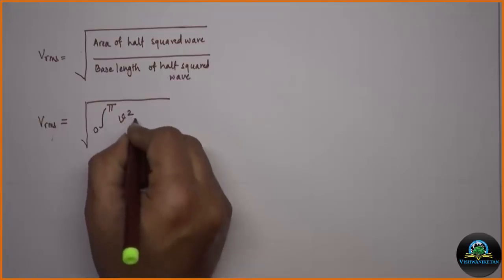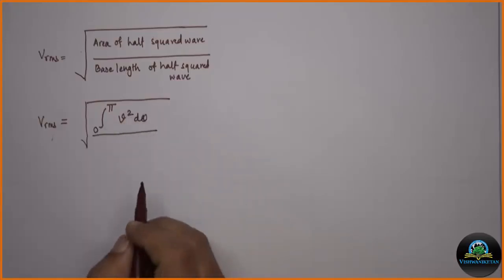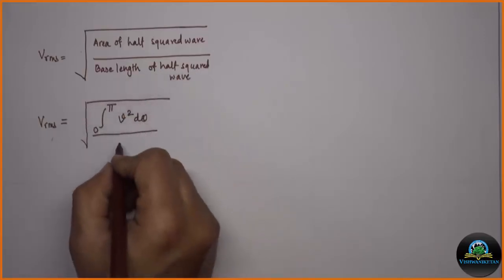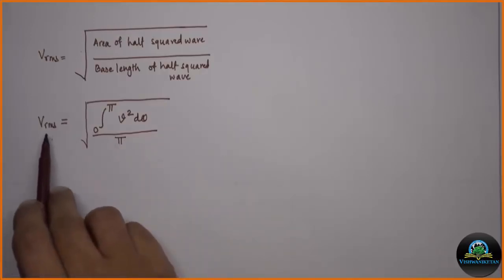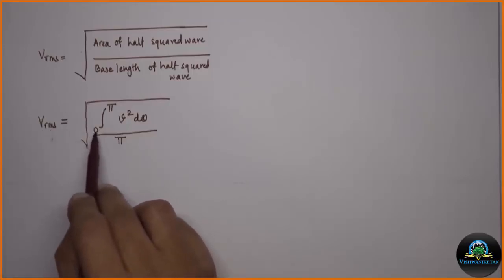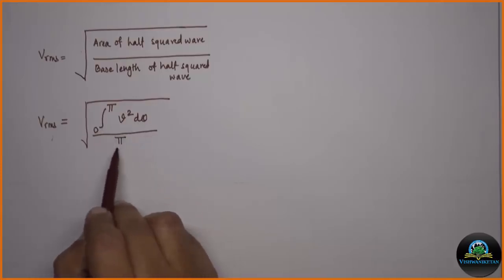The squared wave is V square and integration with respect to d theta. The base length of half squared wave, that is interval of half cycle, which is pi. Hence, our equation for the given waveform is Vrms is equal to square root of integration 0 to pi V square d theta divided by base length of half squared wave, pi.